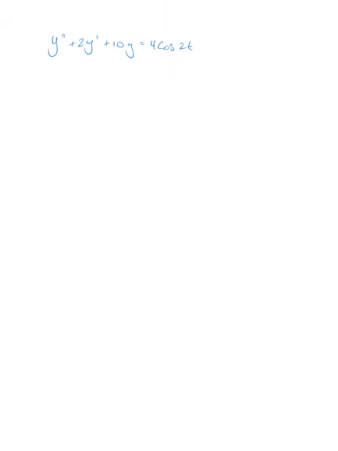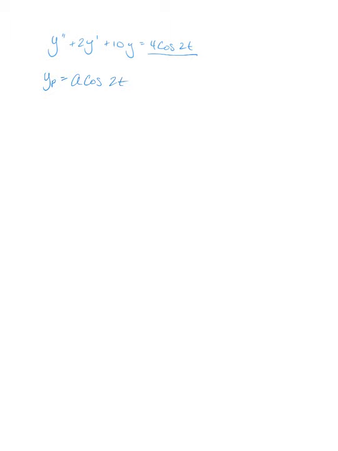Okay, I've rewritten the original differential equation. On the previous slide, we came up with y homogeneous. Now we're trying to come up with y particular. So my y particular is a guess. It has to have the format of the forcing function with an unknown coefficient, so a cosine 2t, plus any of its derivatives.